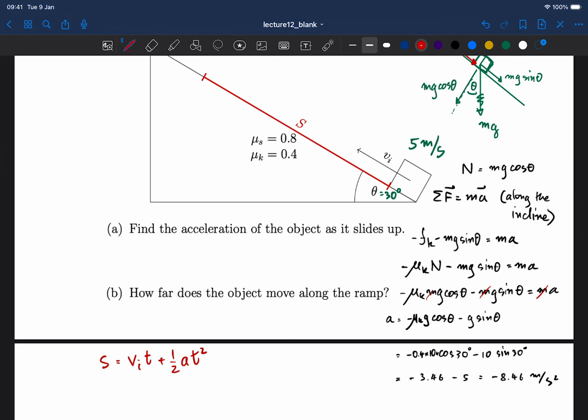But this formula is probably not the most convenient because we don't have the time. If we know already the time, then it's fine.